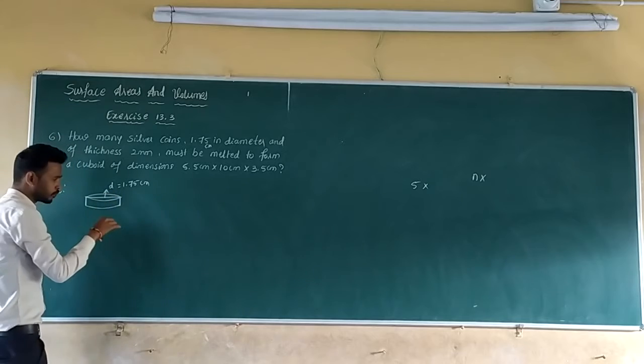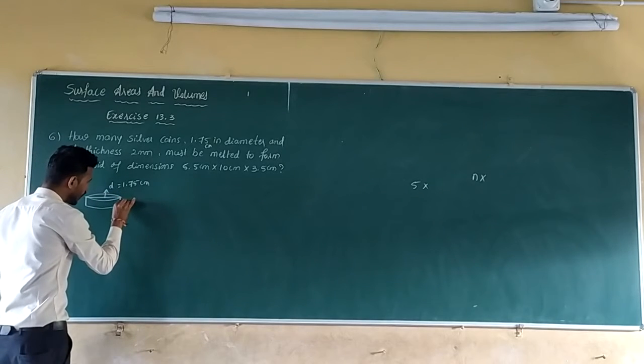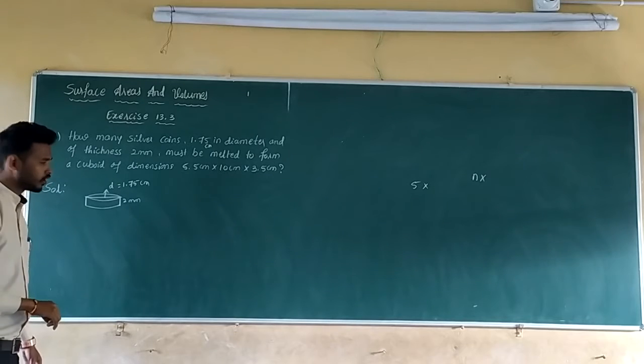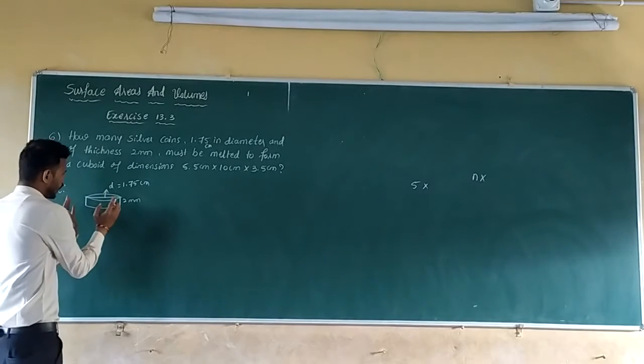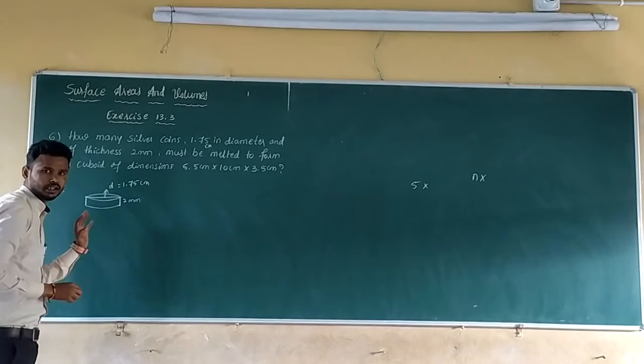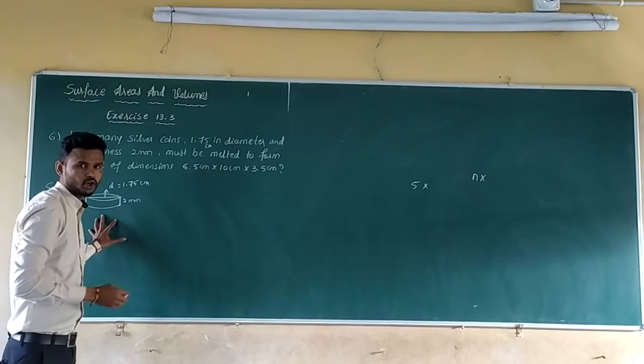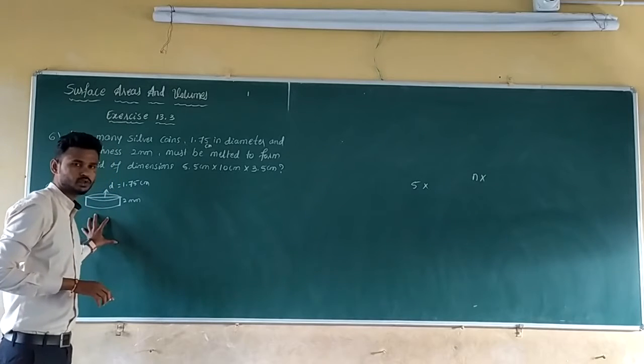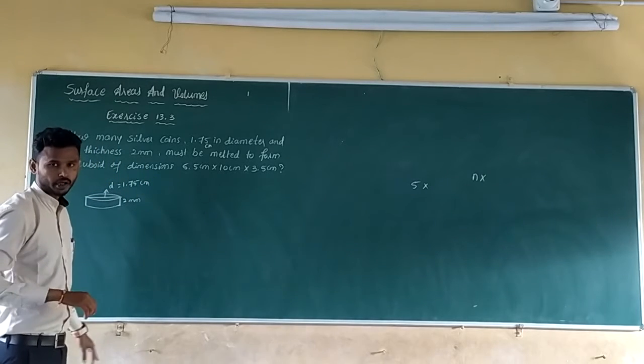And the thickness, means height, they are given 2 millimeter. So we will melt these coins. Means how many coins required, we need to find. We will melt these coins to make a cuboid.